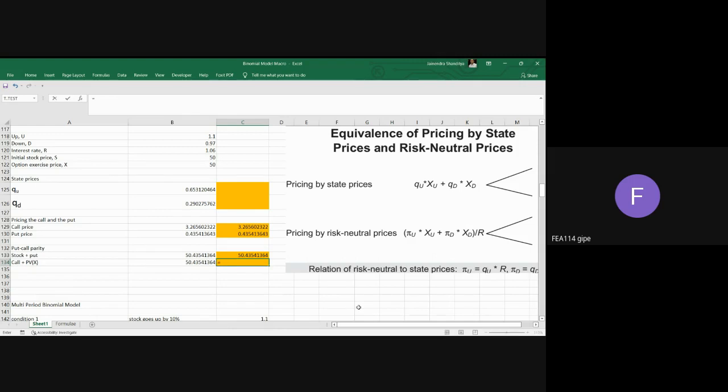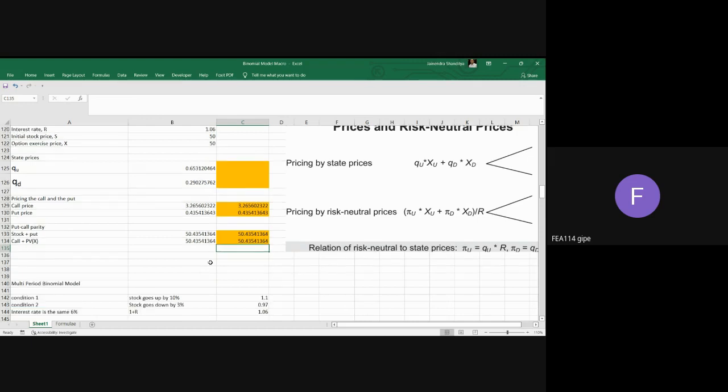And check the call plus present value of X. So what is the present value of X? It is X divided by 1 plus r. And this is also giving you the same value. So we are convinced that the model we have used is the right one, and the equations are working well, because we have not missed anything. So the put call parity is also holding.